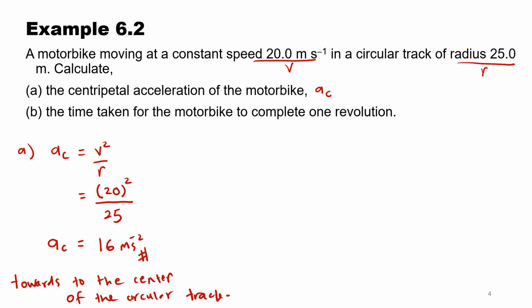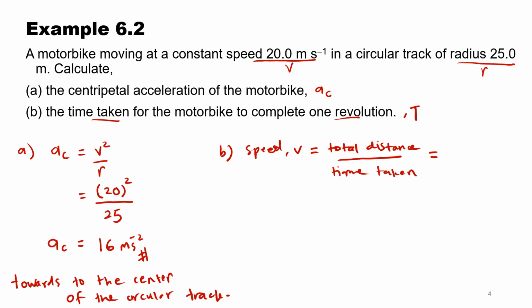Okay, next B. The time taken for motorbike to complete one revolution. So time taken for one revolution is period capital T. Previously we learned that speed V is equal to total distance divided by the time taken.